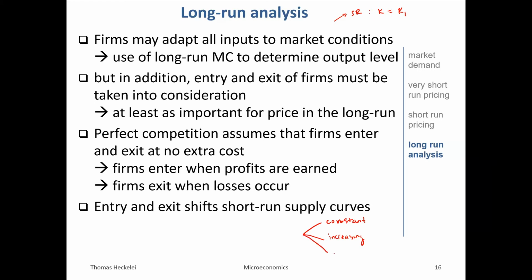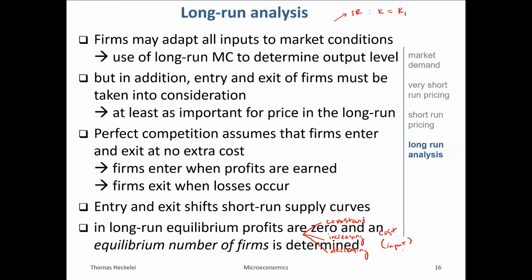And the third case, we have also decreasing cost. We're talking about input costs. Okay, so for this long run analysis, we will look at these three cases one after the other.